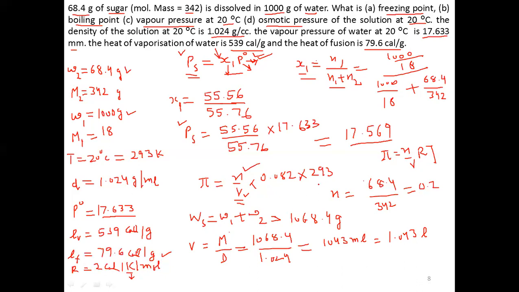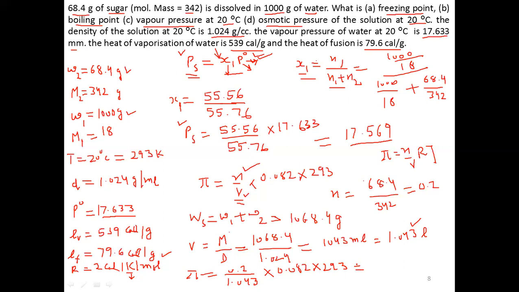We know n, we know V, we have all these values. So pi is 0.2 divided by 1.043, volume in liters. That we have already discussed in detail in the numerical zone on osmotic pressure. I will attach the link of that lecture in the description section, where I explain why we have changed the units. Into 0.082 into 293.